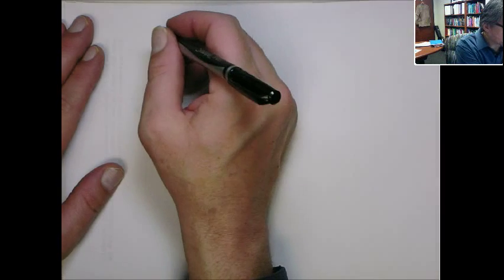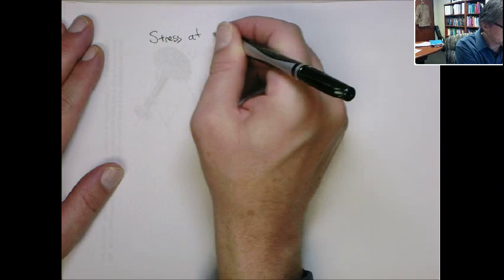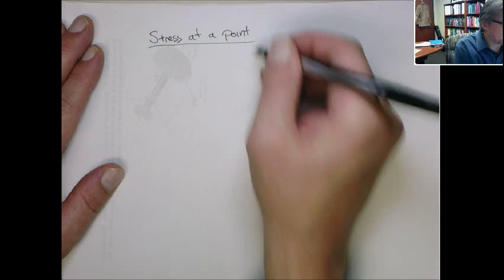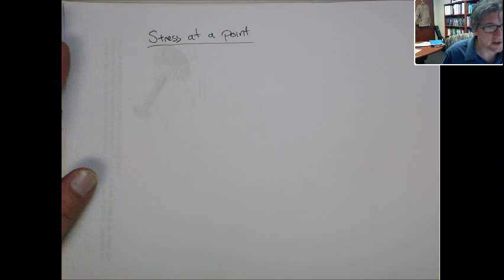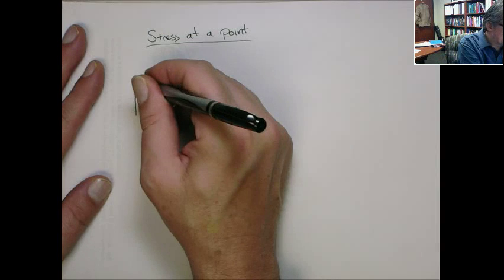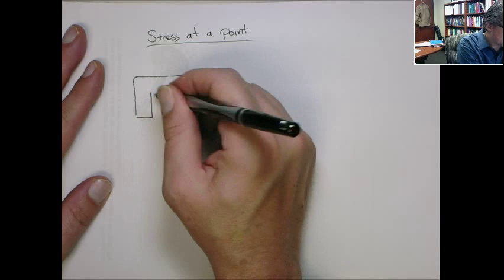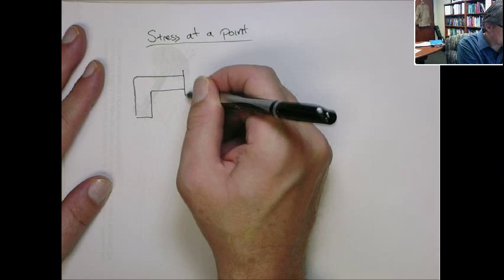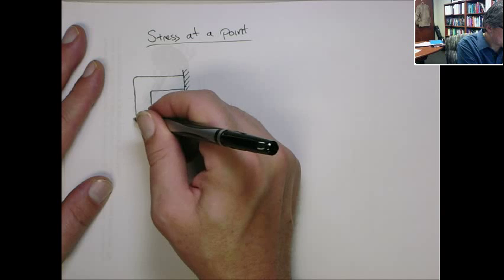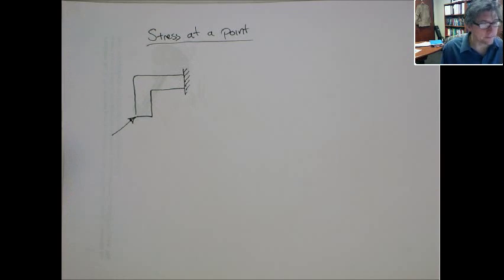First, we're going to talk about stress at a point. Since we haven't really talked about stress much, this really is an introduction to the notion of stress. You have some component, kind of a bracket-looking thing, a little structure, and maybe it's loaded in one manner or another.